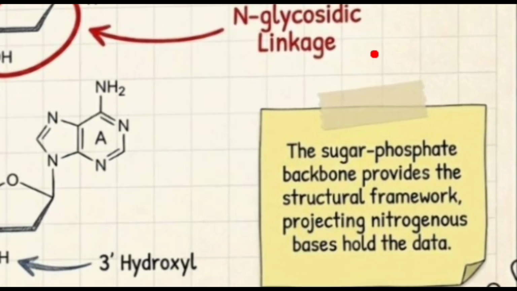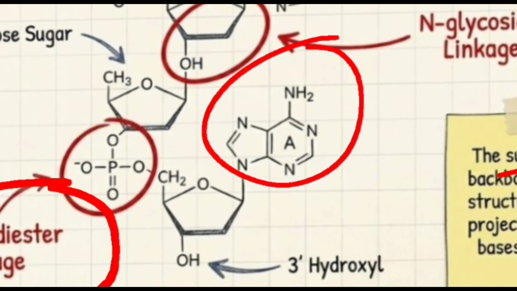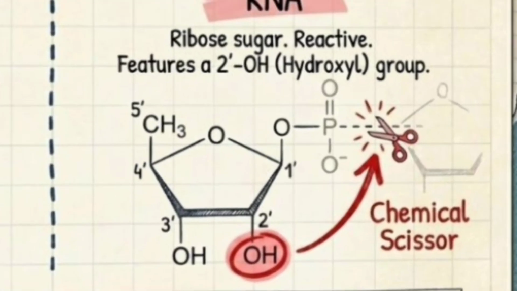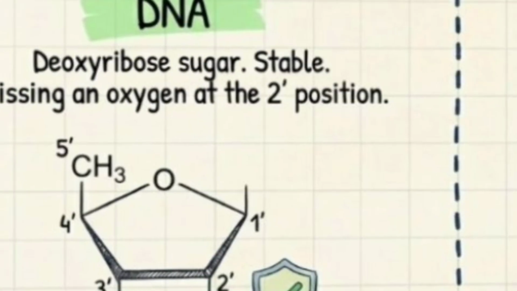Okay, an important thing: the phosphate group and sugar make the backbone of the nucleic acid, and the nitrogenous base is projected inside at 90 degrees. Okay, we have DNA and RNA. What is the difference between them? See, the second carbon of the ribose sugar has a hydroxyl group, meaning an OH group, in RNA, but in DNA only hydrogen.